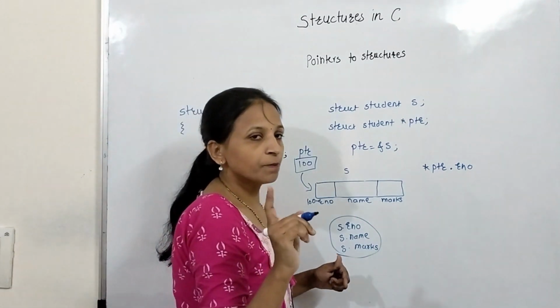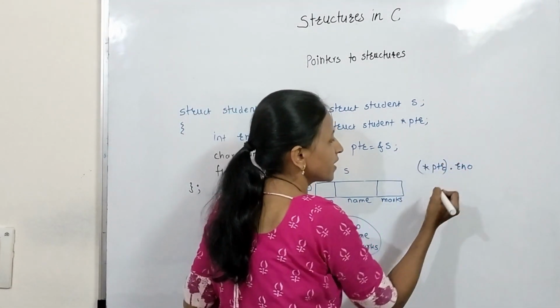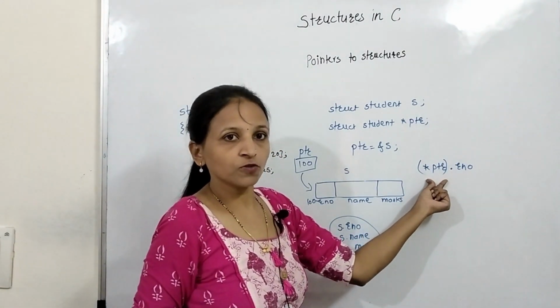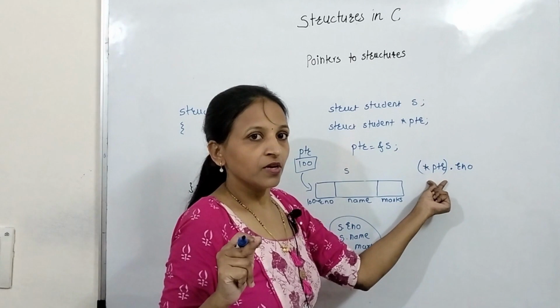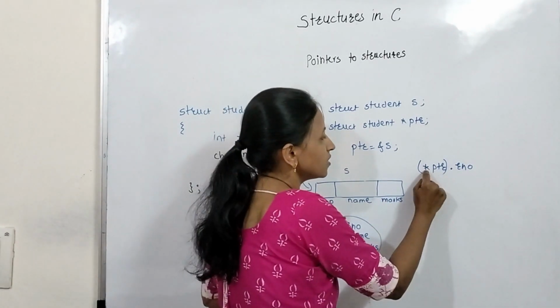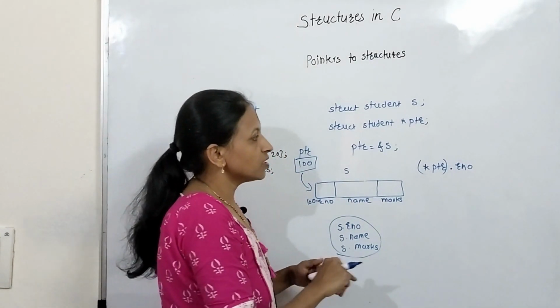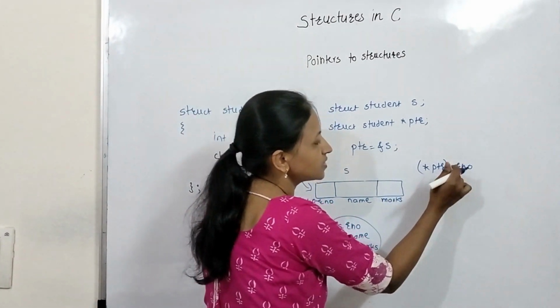Here we have to compulsorily put round brackets; the star ptr should be enclosed inside round brackets. Why? These two operators, this star and this dot, are here, and the higher precedence goes to the dot operator.